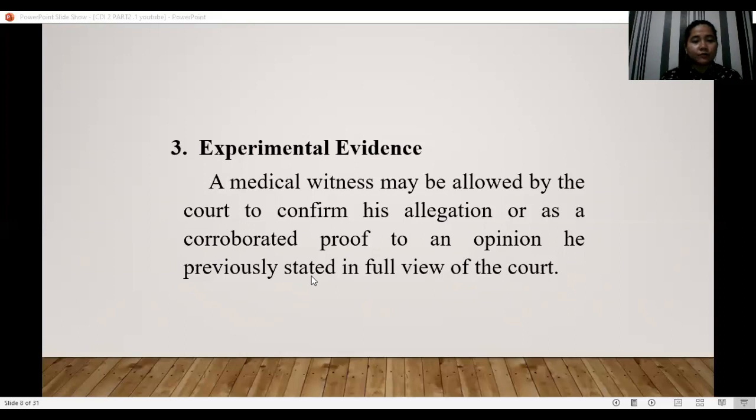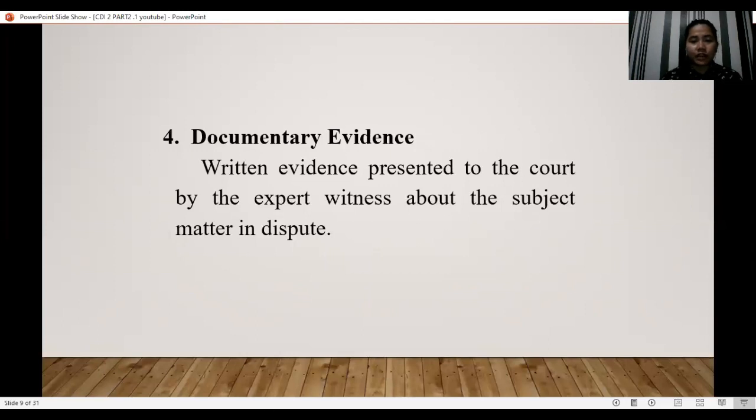Next, the fourth type of medical evidence is the documentary evidence. Documentary evidence is the written evidence presented to the court by the expert witness about the subject matter in dispute. Take note that a documentary refers to an instrument on which is recorded, by means of letters, figures, or marks, matters which may be evidentially used.